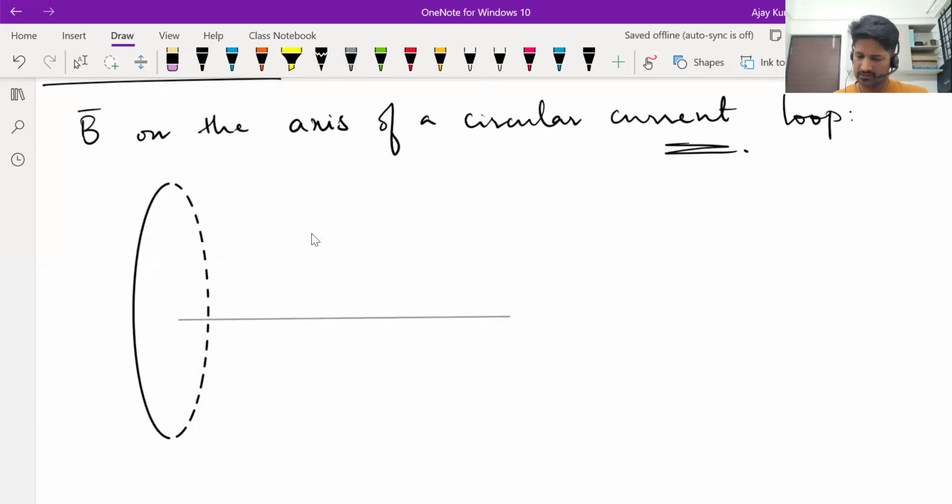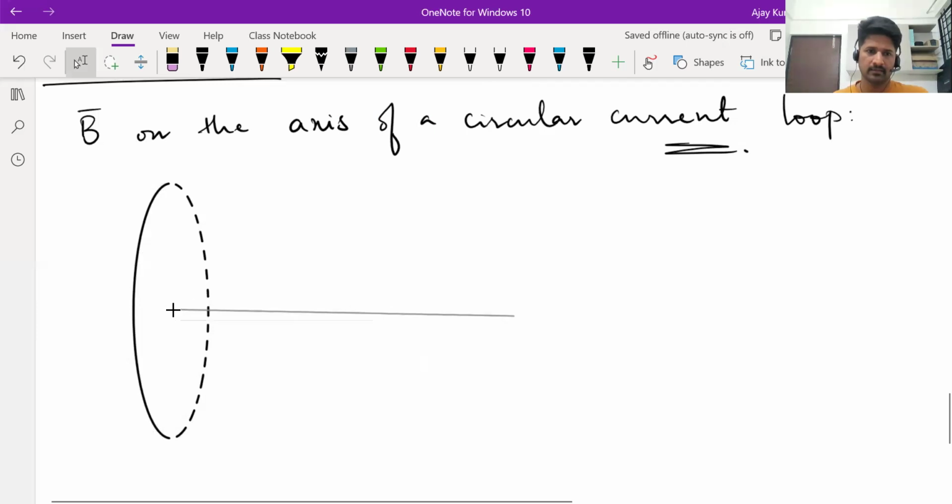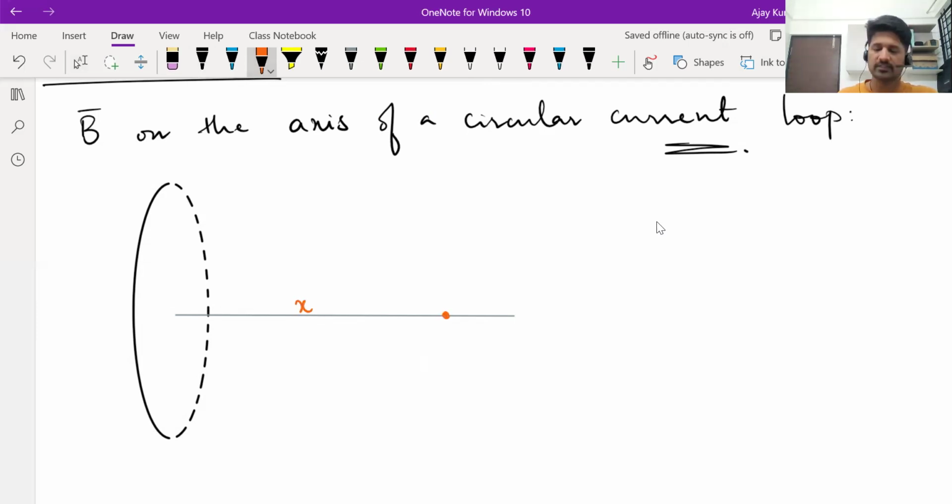So let us visualize the axis first. Let's say we need to find out the magnetic field produced at this point, which is at a distance x from the center of the ring on the axis.